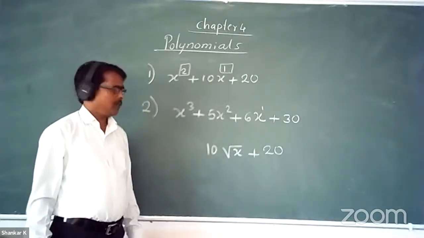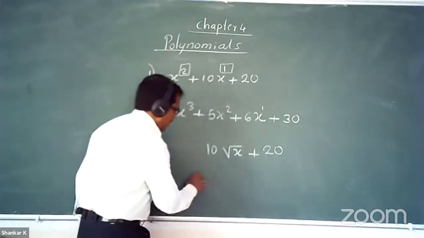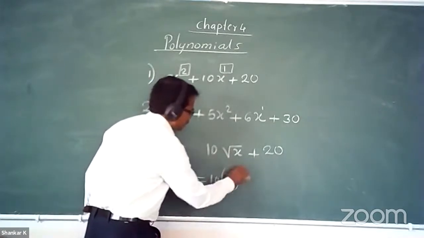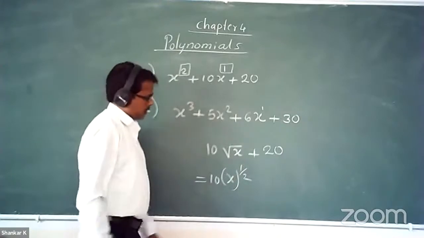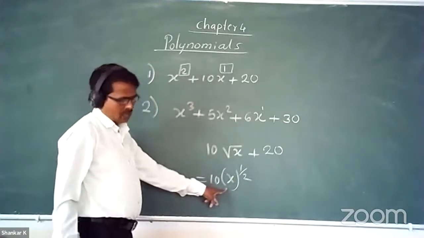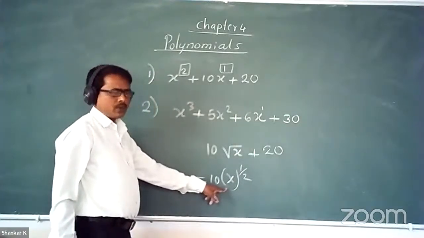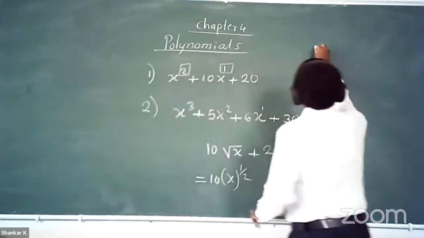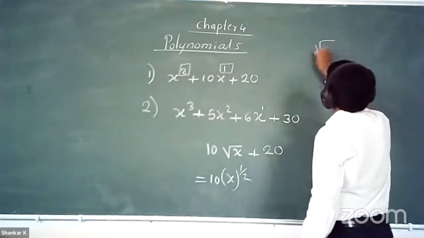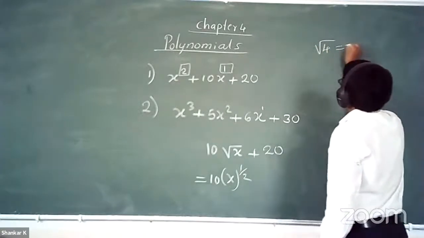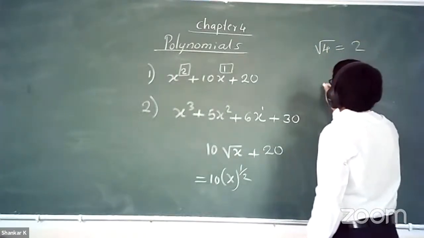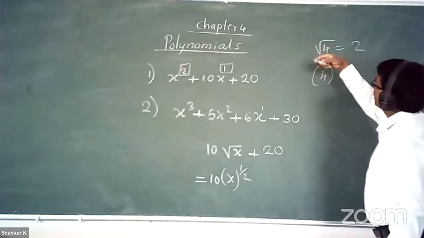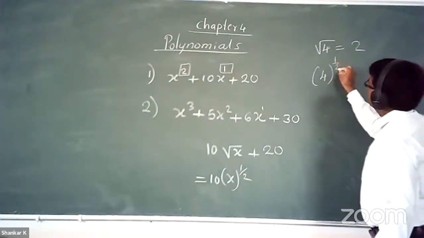It is not a polynomial. Why? Because 10 square root of x means 10 x raised to 1 by 2. This notation you have already used. If you have not understood, square root of 4 means what? We get 2. The square root symbol, if you remove it, is the exponent 1 by 2.